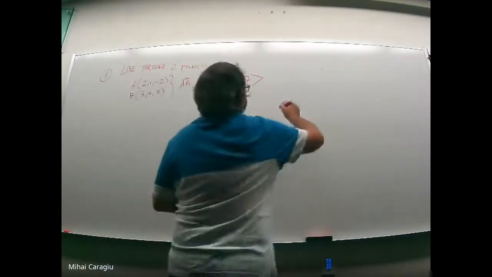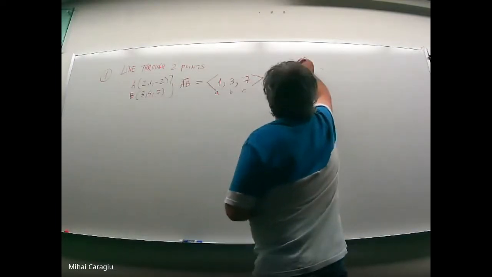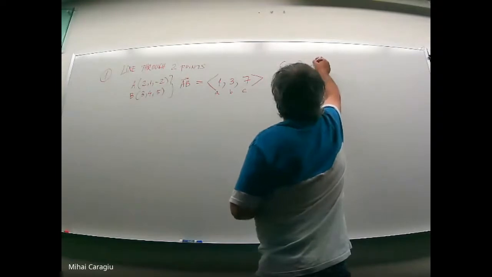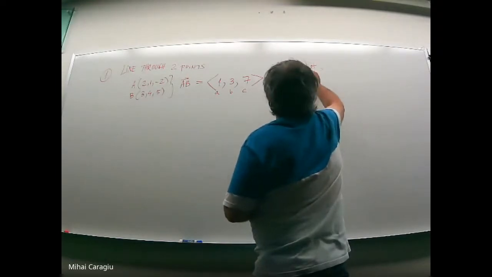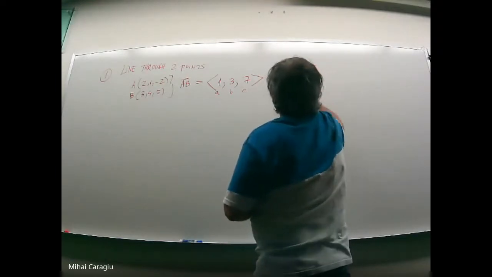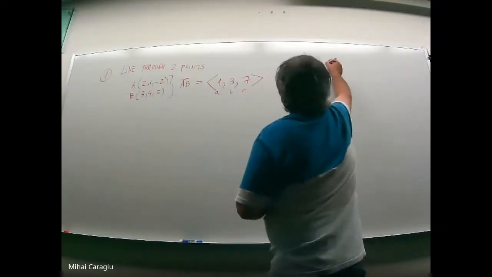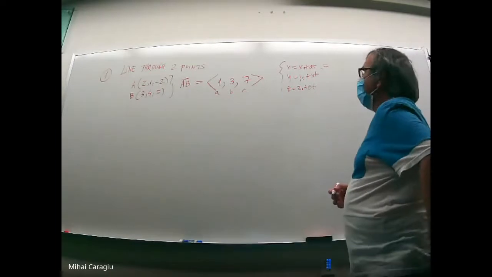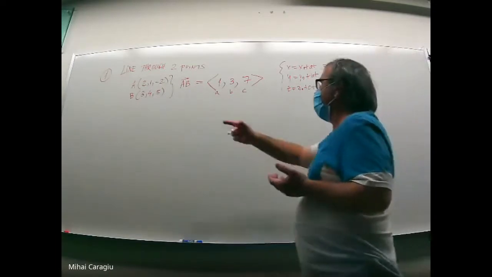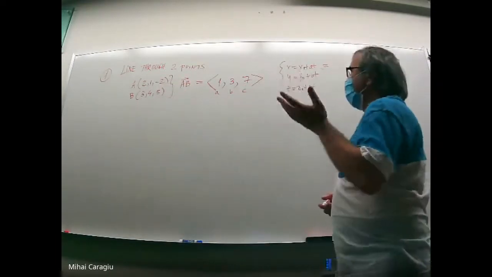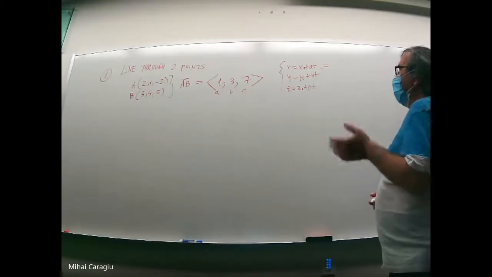The equation of the line will be basically x equals x0 plus at, y equals y0 plus bt, and z equals z0 plus ct. In this case, we can take for x0, y0, z0 either one of those 2 points. Let's take (2, 1, -2).